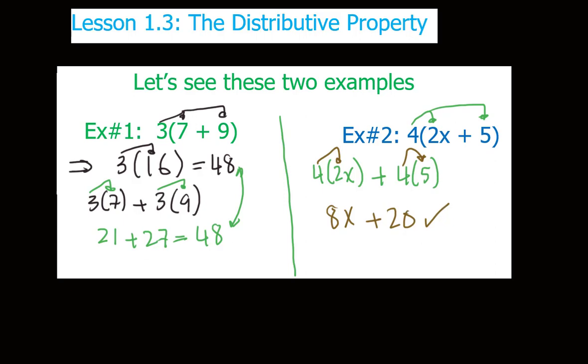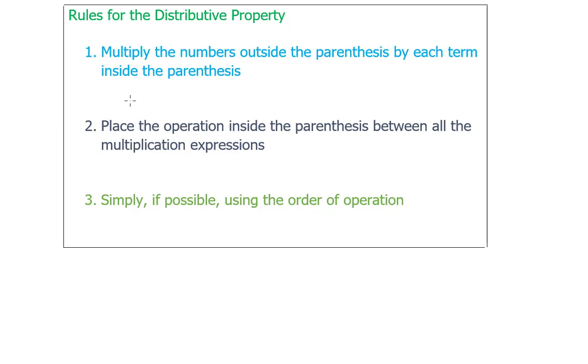So now knowing that, let's review some rules that we use for the distributive properties. Always, step number 1, we will multiply the number which is outside the parentheses by each term inside the parentheses. So how do we do that?